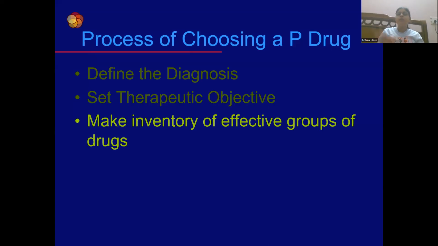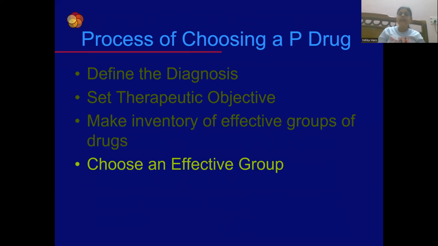Then we make the groups of the drugs which can treat that particular disease. And then from that, according to STEP criteria, we choose the effective group. STEP means S for safety, T for tolerability, E for efficacy, P for price. According to that, we choose the effective group.